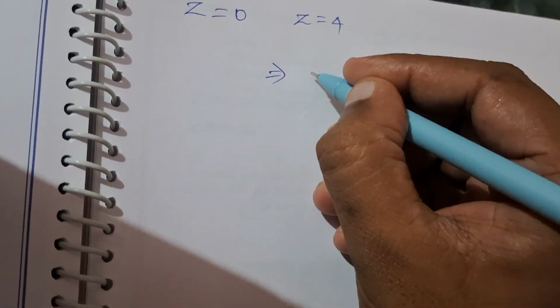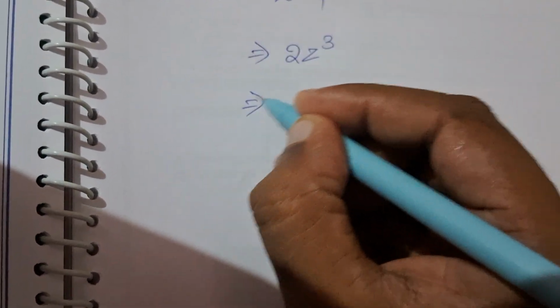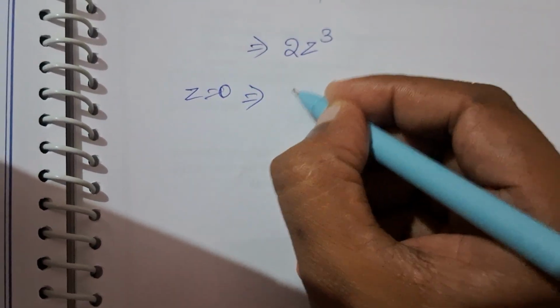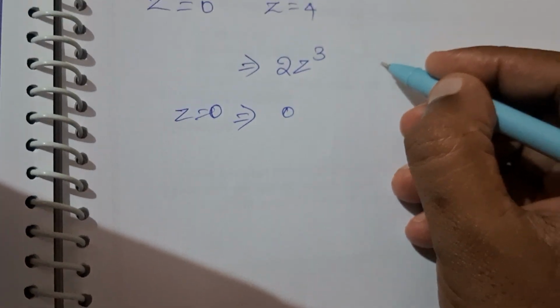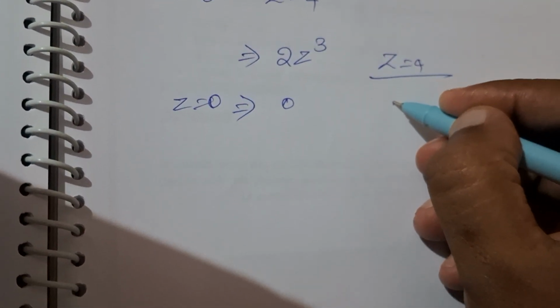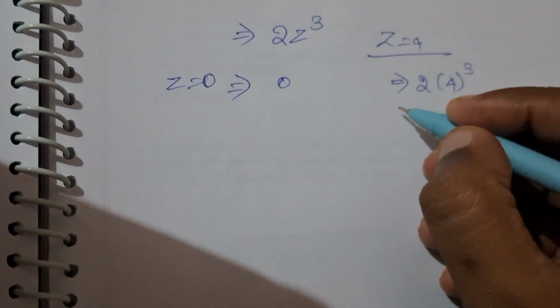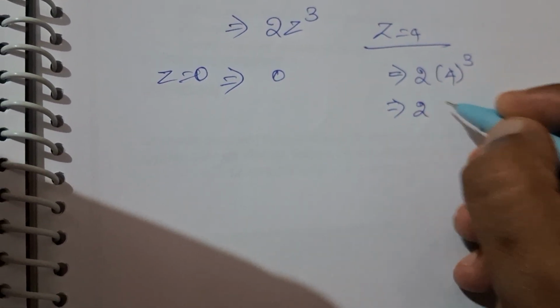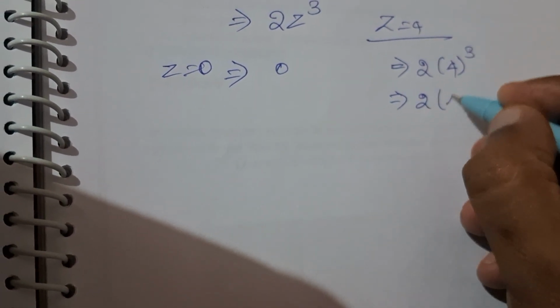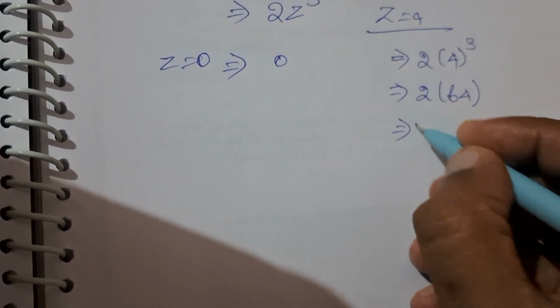So here 2z cube. The answer for z equal to 0 is 0. For z equal to 4, we get 2 into 4 cube. So the answer is 2 into 4 cube, 64, that means 128.